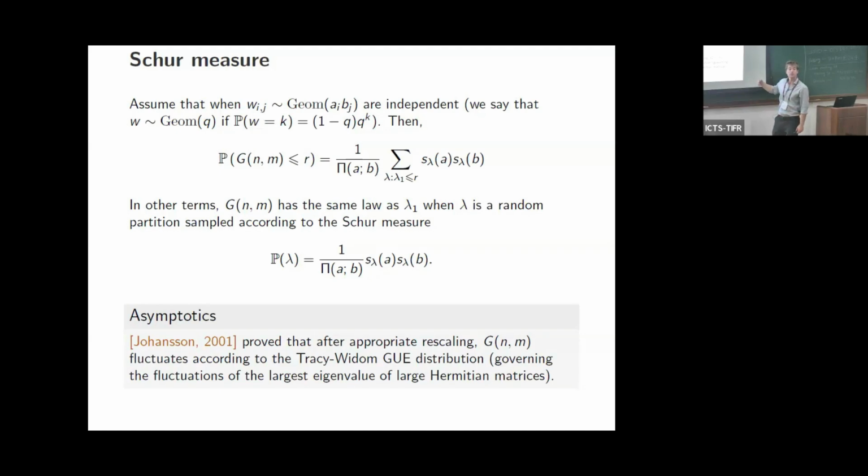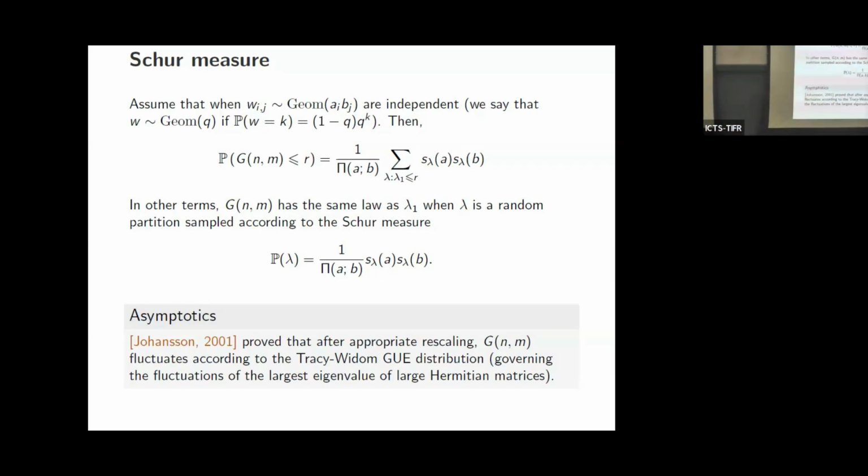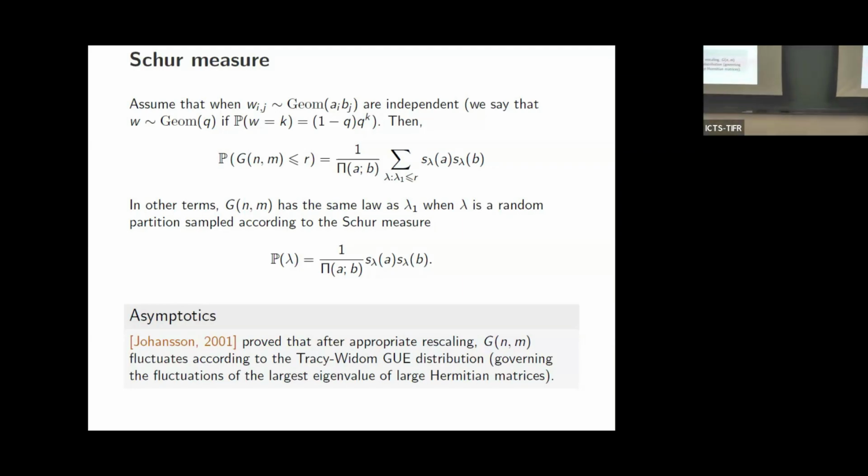So now we will assume that my W_ij's are random variables, and they're distributed as geometric variables with parameter a_i b_j, where a_i and b_j are the same as before, and independent. This means that the probability distribution of my matrix W is given by a big product over i and product over j, because my entries are independent.